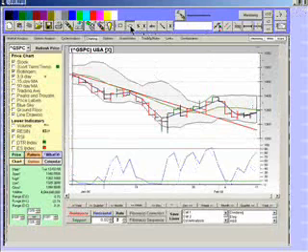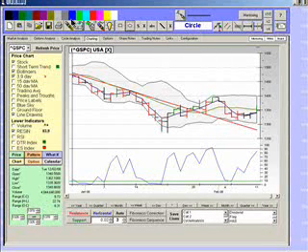Just choose a circle tool, make it a little bit bigger, and we can see that at the time of our breakout to the very top, we went from 80 points up to above the 90, indicating one potential trade.